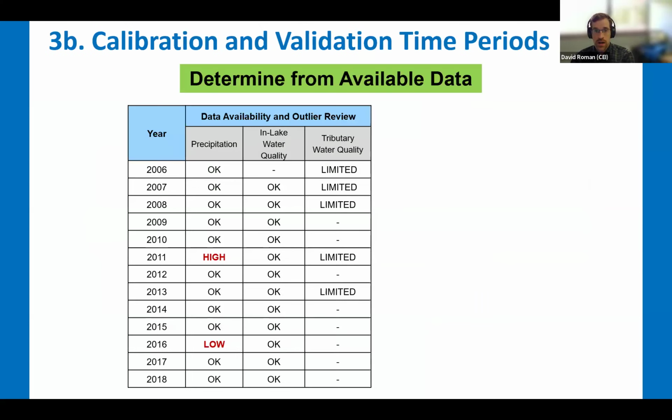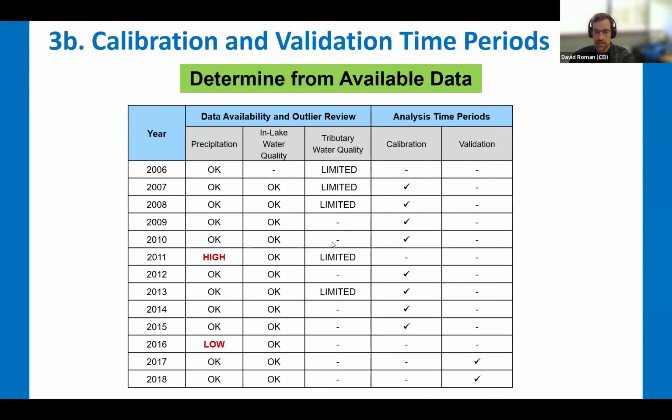So if you were to do calibration, here's one example. Let's say that we have 10 years of data or more, and let's say that all the data is pretty decent. You could say, I'm going to calibrate from 2006 all the way to 2016. I think we took out some outlier years here.